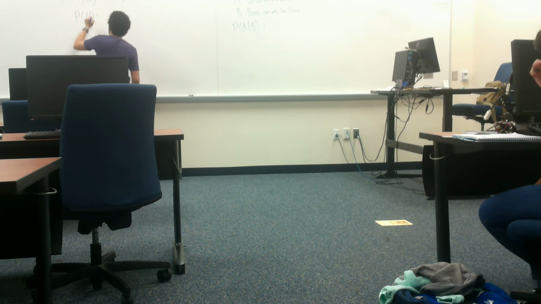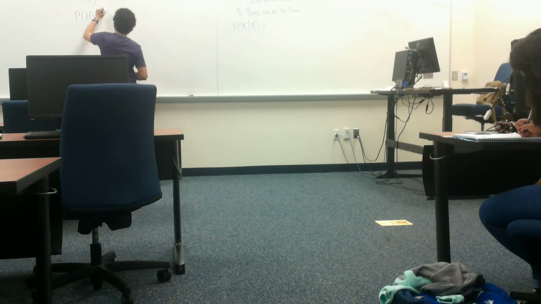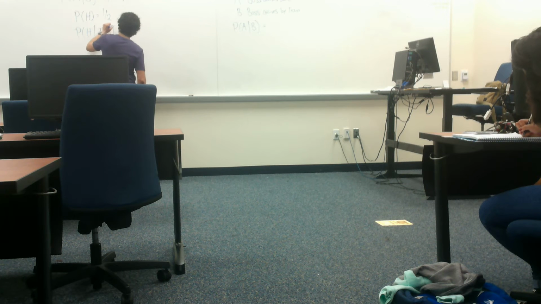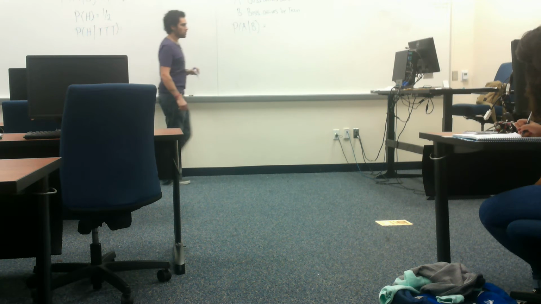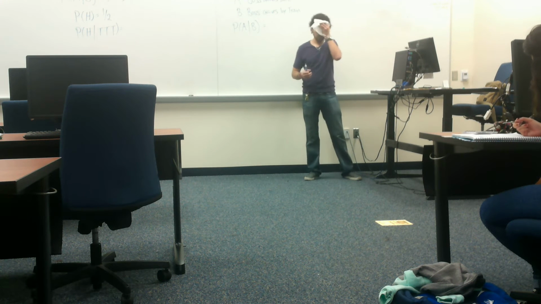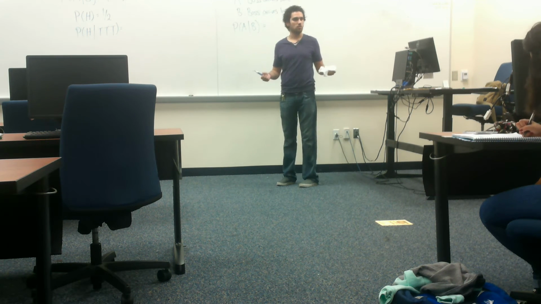What's the probability of heads in a coin toss? 1/2. And if I asked you for the probability of heads, given the last 3 flips were all tails, what would you say the probability of heads was? Does the number of tails change the probability of it being a head?